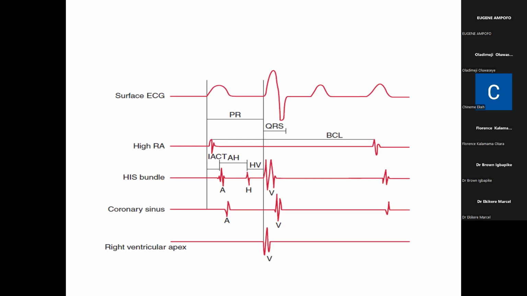And that's why when you're doing CRT-D, you put the LV lead in the coronary sinus because you cannot enter into the left ventricle. You can't puncture the left ventricle, rather you put it in the coronary sinus so that it will go to the back of the left ventricle. So what am I saying in essence? The coronary sinus does two things for you. It monitors the activity of the left atrium and the activity of the left ventricle. Do you get that?